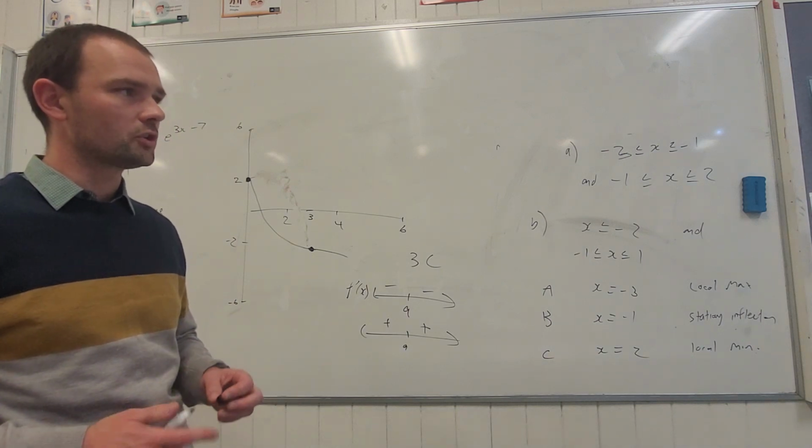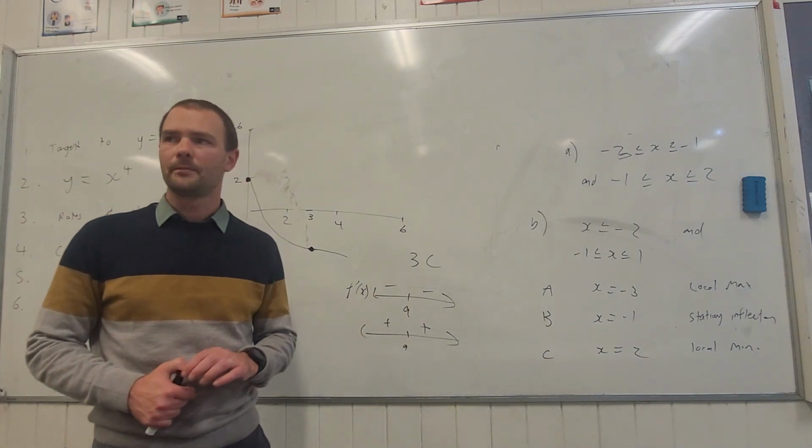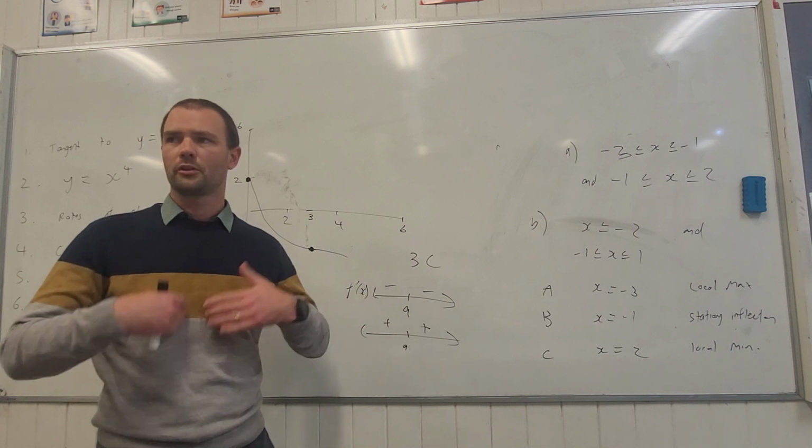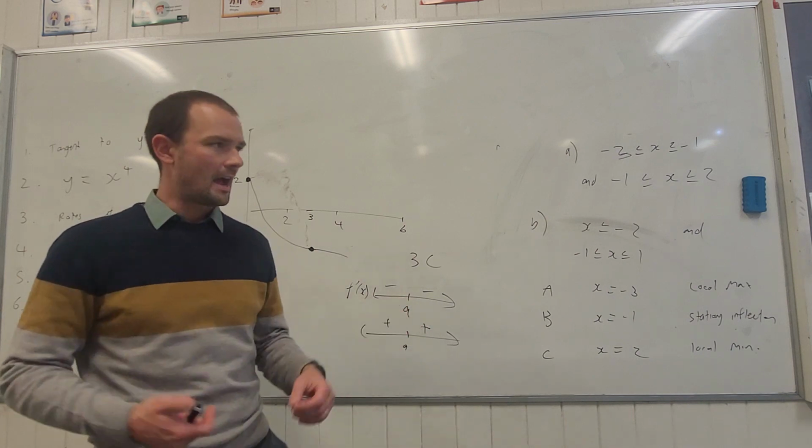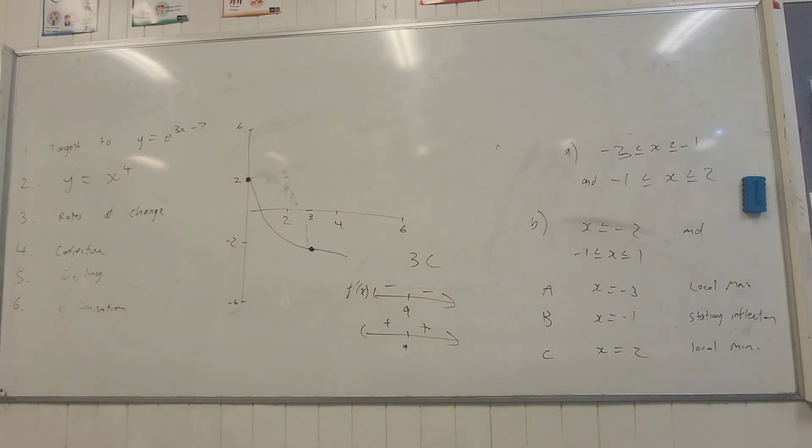Non-stationary point of inflection. You won't tell it from the graph of the first derivative. You have to look at the graph of the second derivative. And it's when the graph of the second derivative changes sign. So there, it changes from negative to positive. And there, because it changes from positive to negative. Sorry, that's a point of inflection. So what you do first is, first you identify that as a point of inflection, and then you check, is it stationary?